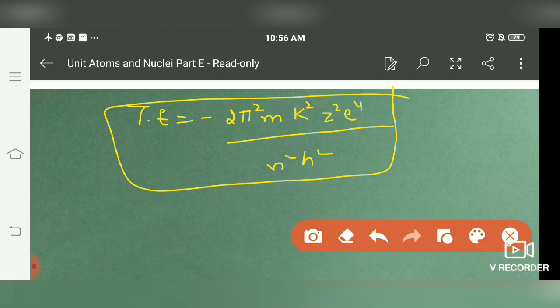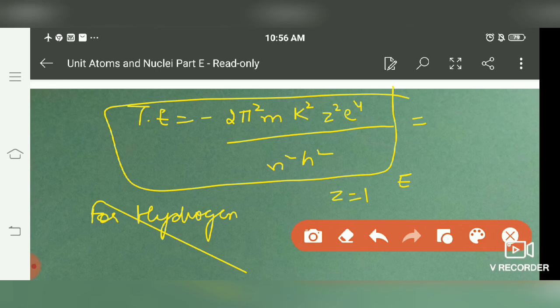So if we calculate it for the hydrogen atom, for hydrogen Z equals 1. After calculating all these values, you will get a result that is minus 13.6 Z² by n². So it is inversely proportional to n².